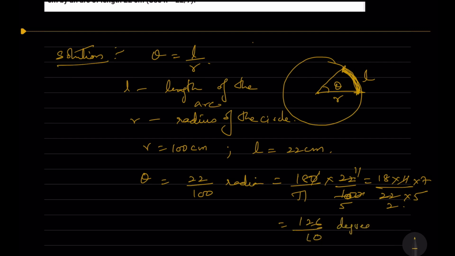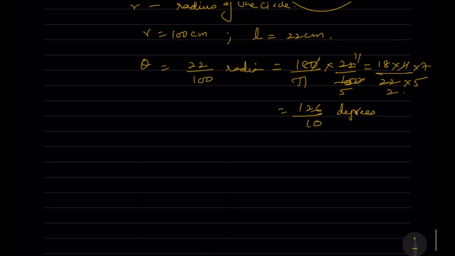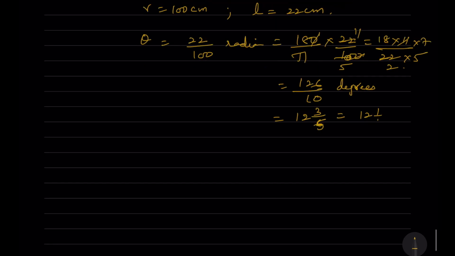So now if you convert this into minutes and seconds, if you are dividing it, you are getting it as 12, 3 by 5 degrees. I'm sorry, 3 by 5 this is. So you are getting it as 12. So when you are dividing this, 1 degree is equal to 60 minutes you are getting.